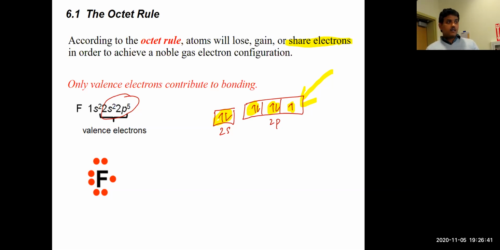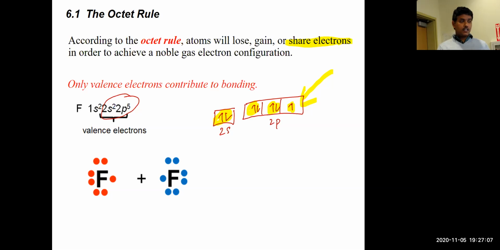I want to take an example of fluorine making a molecule with another fluorine. So let's take another fluorine molecule. So we have 2 fluorine atoms with 7 electrons each. Currently, they are not stable by themselves because they don't follow the octet rule. They don't have 8 electrons in their valence shell, the outermost shell.